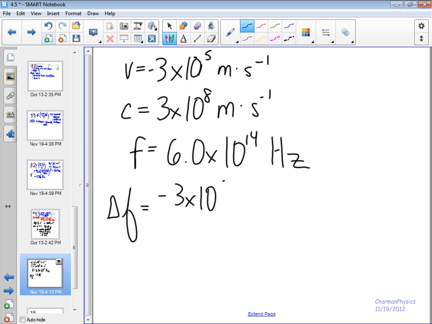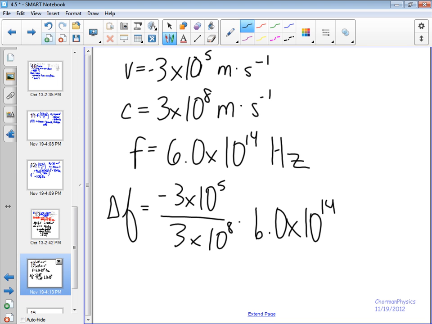So we solve for the change in frequency, the frequency shift, and it's going to be negative. The shift is going to be negative 11 hertz. So it's a small shift, but it's a noticeable one nonetheless.